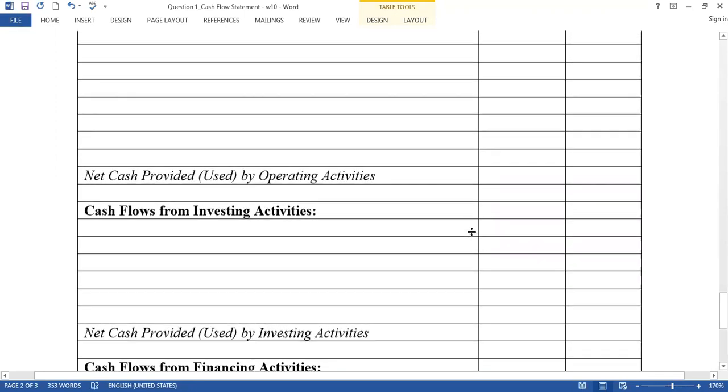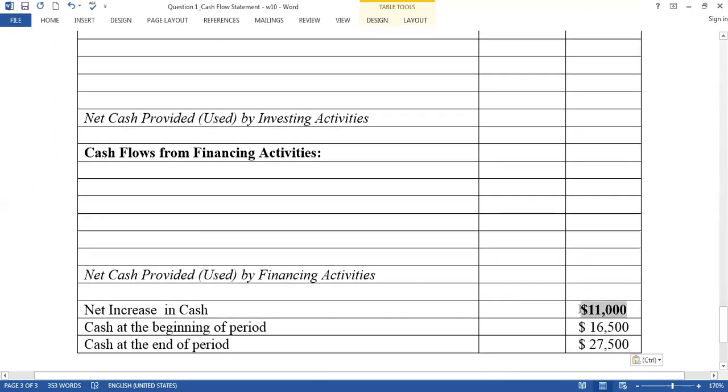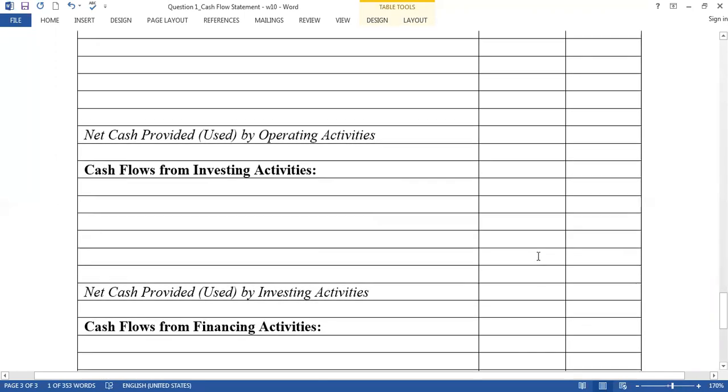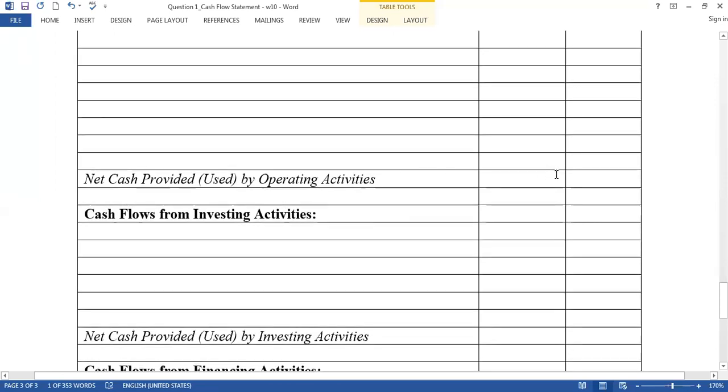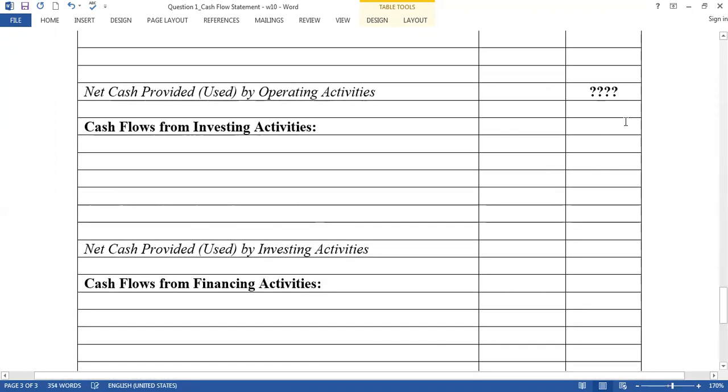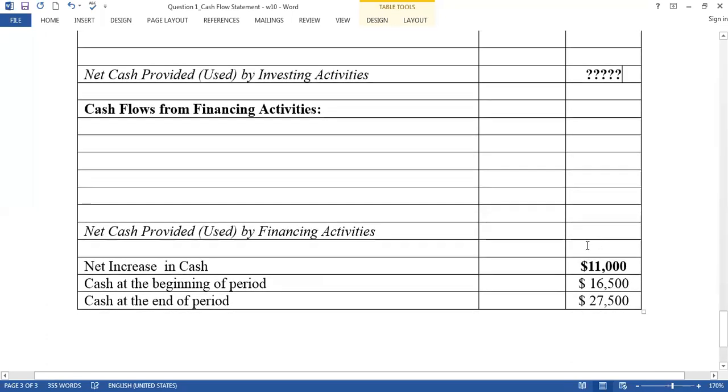Now, as this is the solution format, this $11,000, some part is here. Some part is operating activities, some part is investing activities, and some part is financing activities.